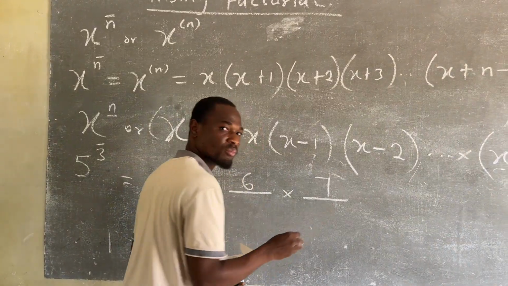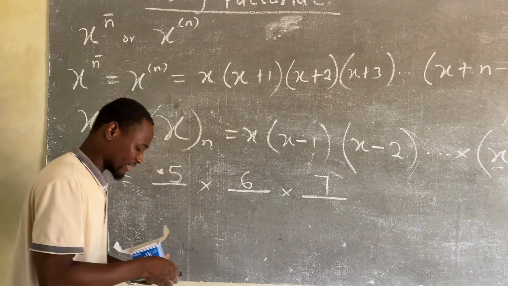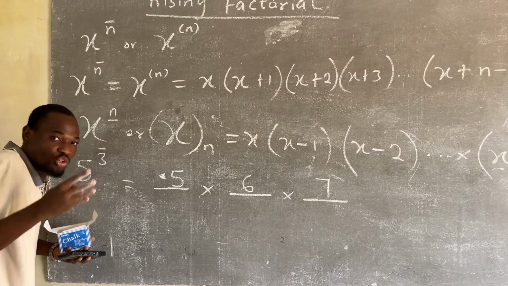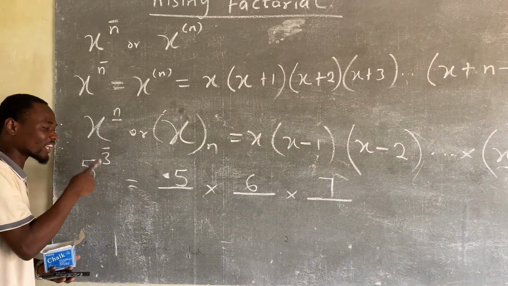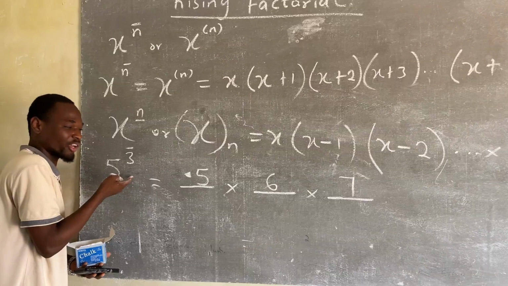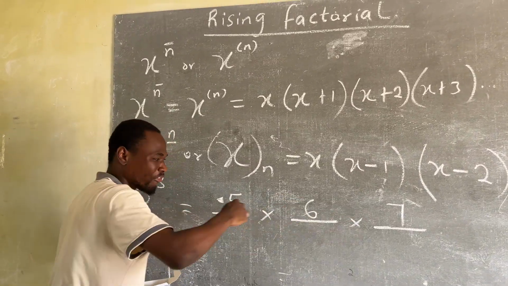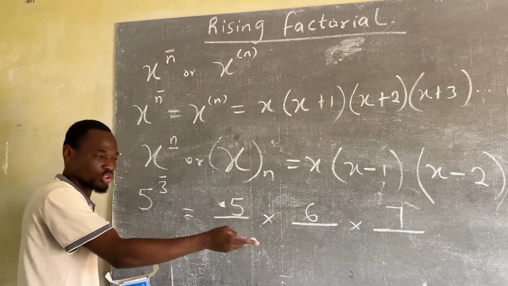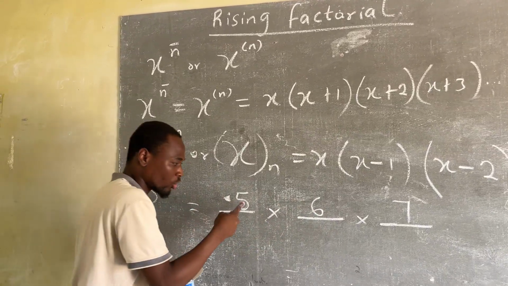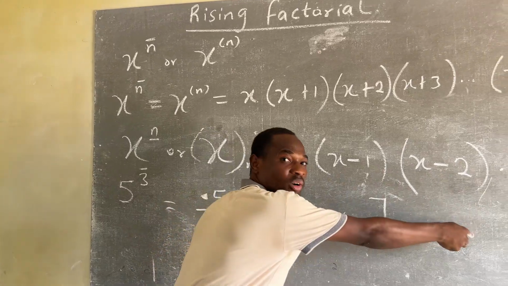And 6 plus 1 is 7. So in other words, let's assume it is not an exponent, okay? Let's assume this, which is 3, is telling us the number of numbers appearing. So if I have here to be 5, I'll end at the 5th number.